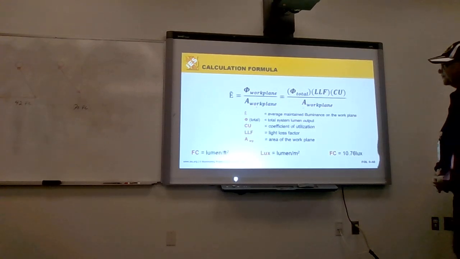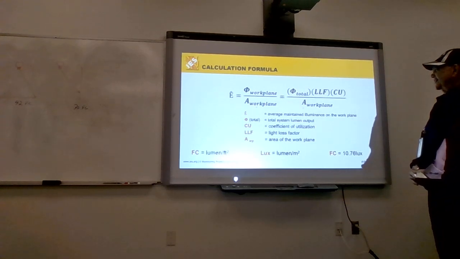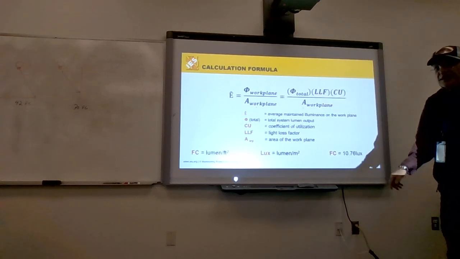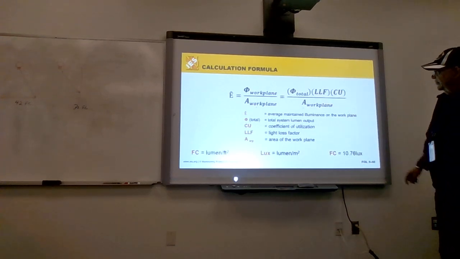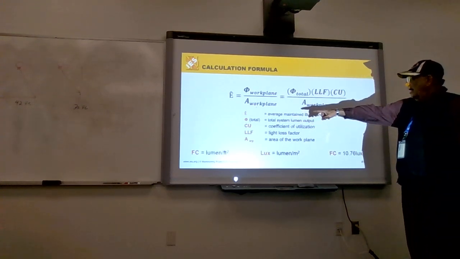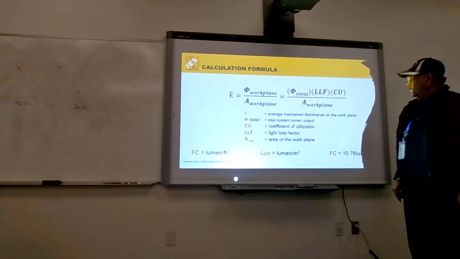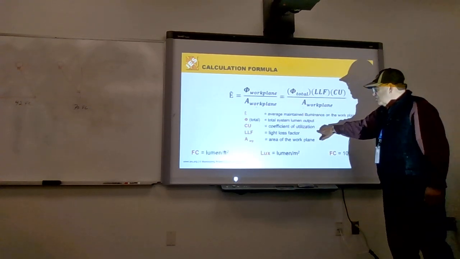So, E equals the average maintained illuminance on the work plane. That's what we're solving for. How many foot candles do we need on the work plane? Okay. Iota to total system lumen output. In order to do that, we need the coefficient of utilization.